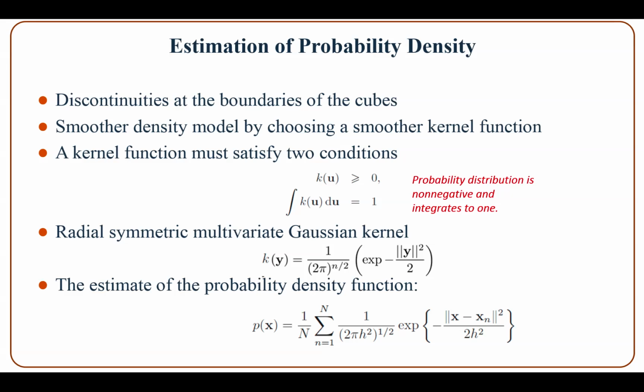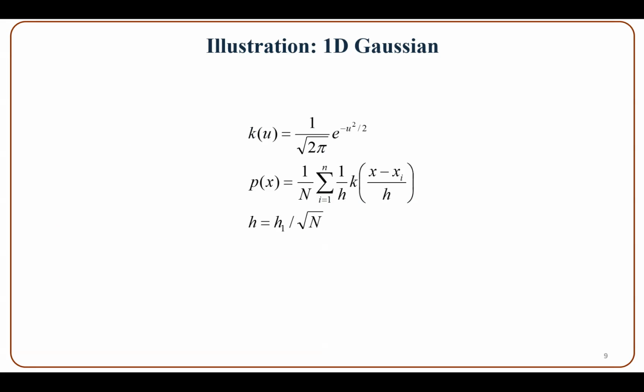And the common choice for the kernel function is the Gaussian, which then gives the estimate of the probability density function p of x here. This is the illustration for a one-dimensional Gaussian. Given that the kernel function is a one-dimensional Gaussian, k of u, the estimated probability density can be calculated.